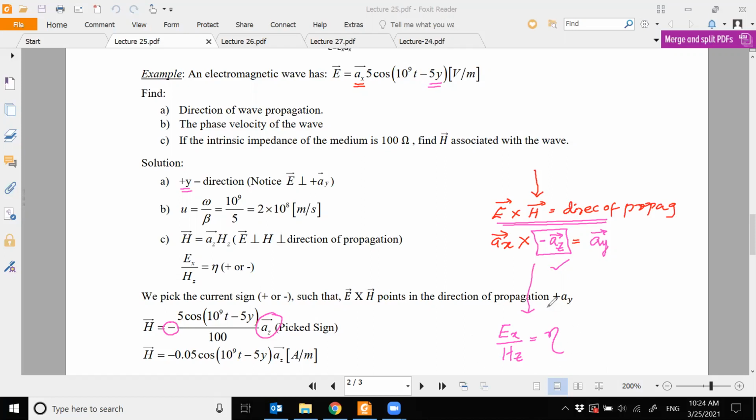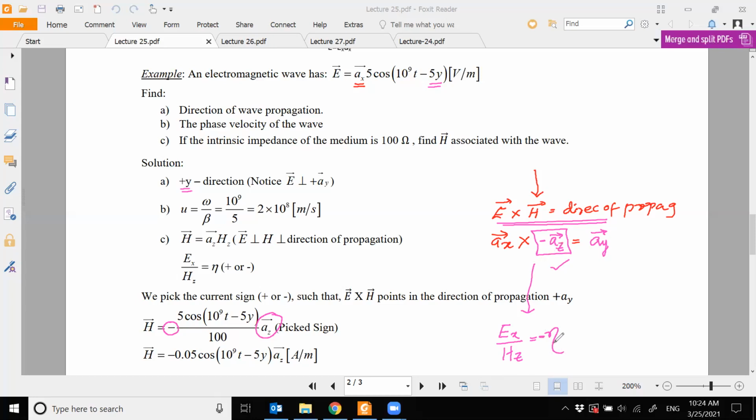Sometimes, rather than showing this negative in the unit vector, people show the negative here. In this case, we pick the minus sign here, and then you should not include the minus sign in the other place.